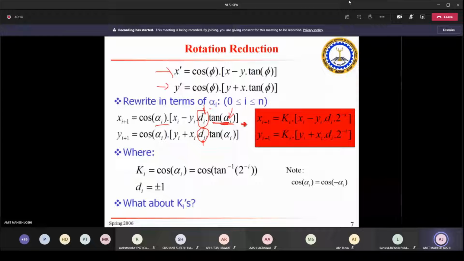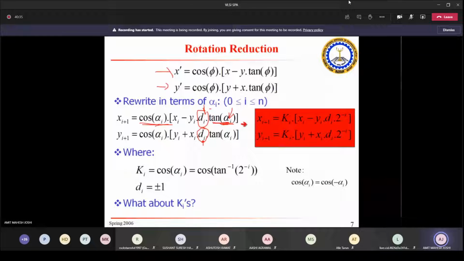Now, for cos, I do not have to worry about it. Why? For cos, it can be alpha 0, minus alpha 1, minus alpha 2. But cos of minus alpha is equal to cos alpha, because it is an even function.